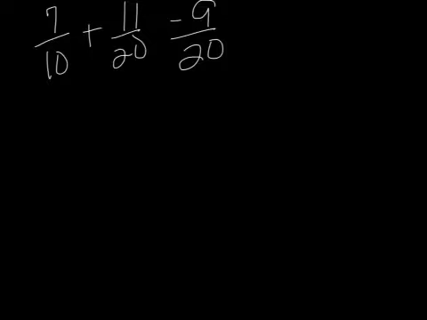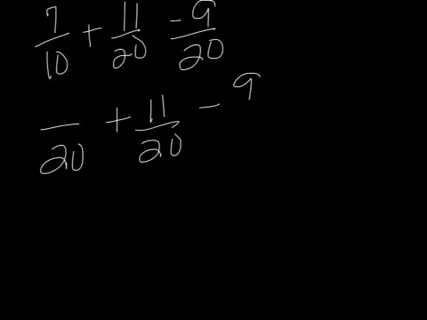You should know to be able to add or subtract fractions, you have to have a common denominator. And between 10 and 20, the common denominator is 20. So if they're over 20, they stay the same. This, you multiply 10 times 2 to get 20, so 7 times 2 is 14. So now it's simply 14 plus 11 minus 9.